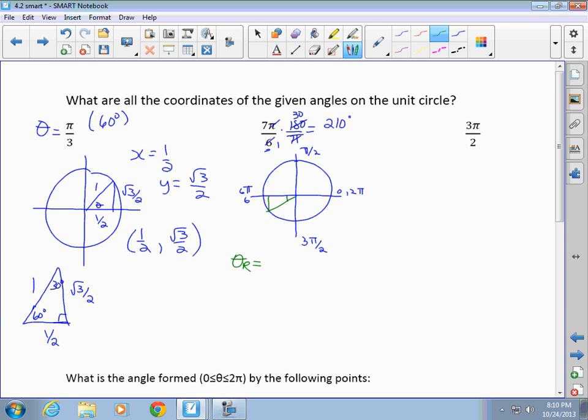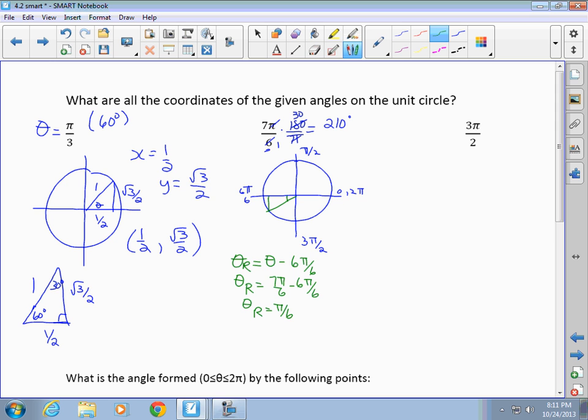I take my theta and I subtract my value of pi, or in this case it's 6 pi over 6. So my reference angle is going to equal 7 pi over 6 minus 6 pi over 6. So my reference angle is pi over 6.